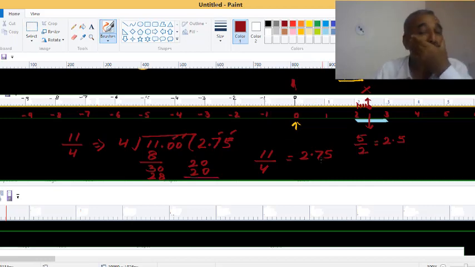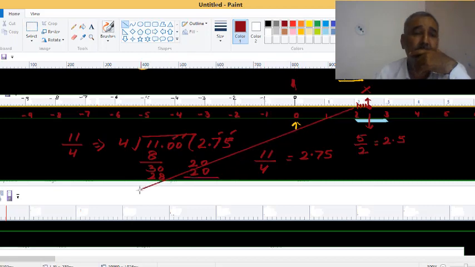So I am taking this. I have extended this number line. Let this 2 come here and 3 come after 10 places. If this 2 comes here, I have this number. Let it be magnified.